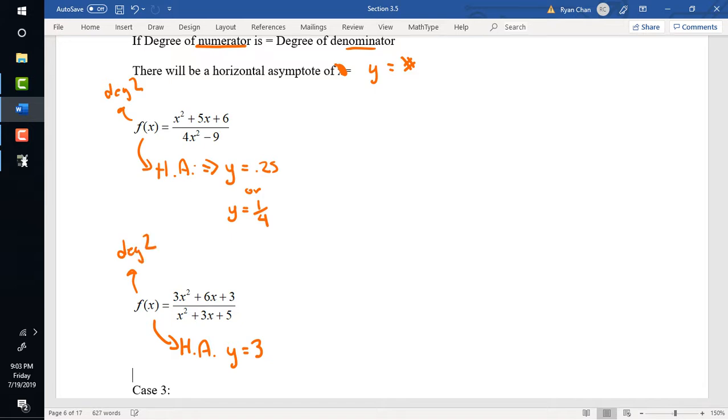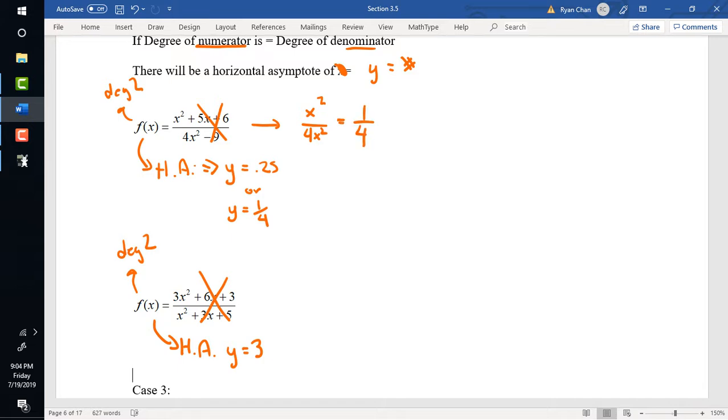The idea is to think about plugging in large numbers. This part is irrelevant, and same thing here, because the x squared terms are going to grow the fastest. So I have x squared over 4x squared, and that reduces to 1/4.